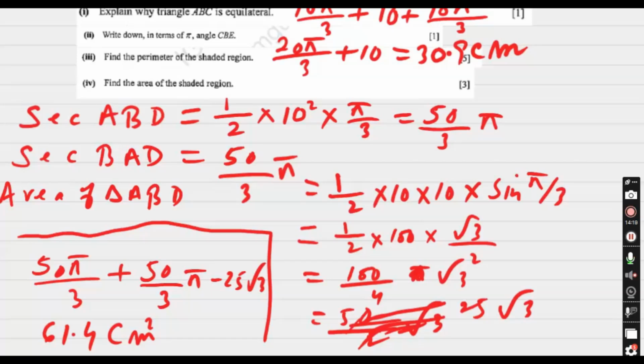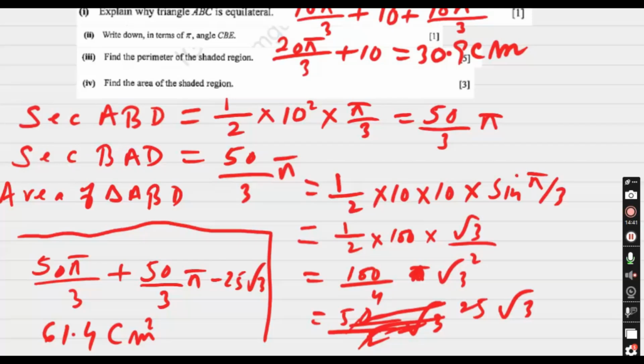In this part, sector ABD and sector BAD. If we add these two areas and say that this is our final answer, it will be wrong because triangle ABD sits inside both sectors.